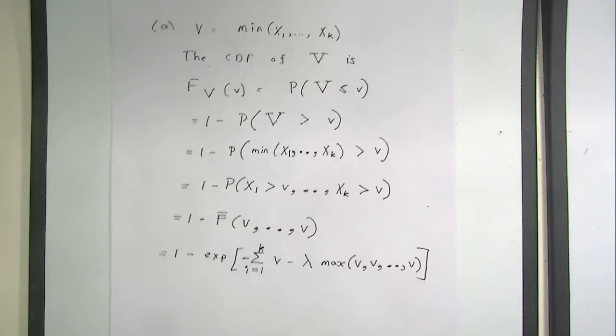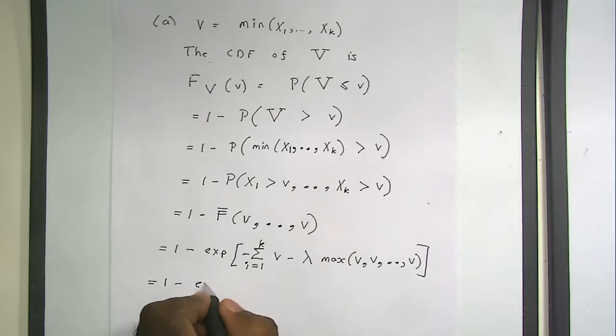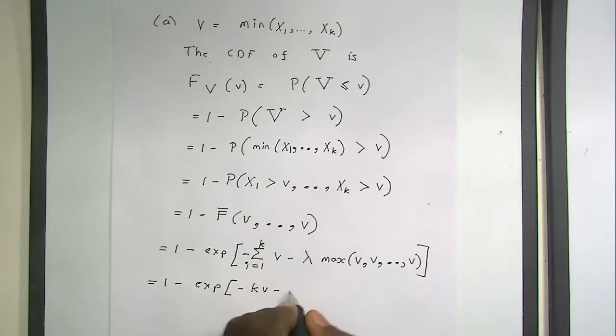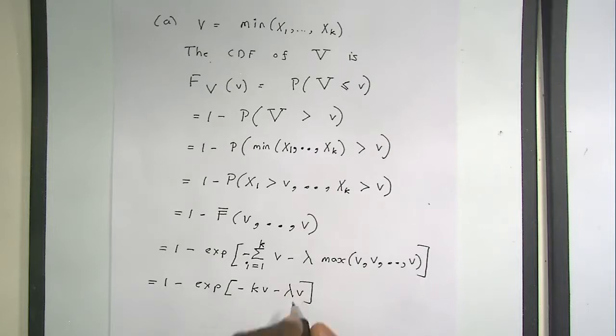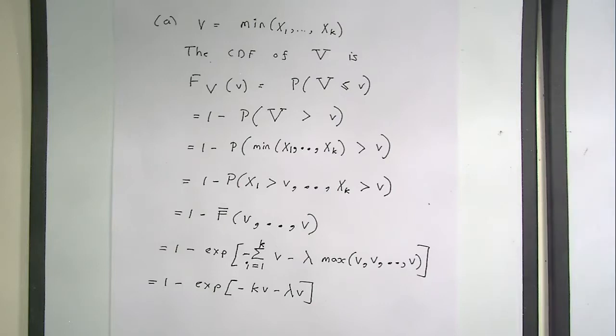So this would be 1 minus exponential of minus (k plus lambda) v. Did you guys follow this or no? That's part A. So if you came late, we are doing question B5 part A from last year's exam paper.